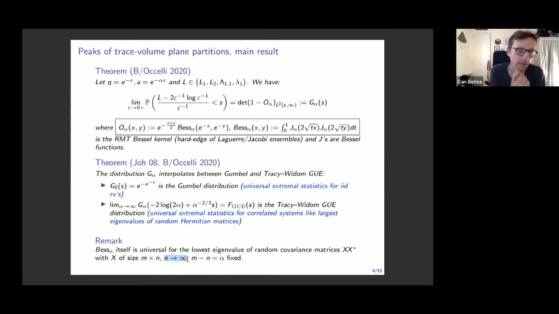This is, for example, there are many results along these lines of Tao and Wu and Erdős and Yau and many people in the random matrix community.